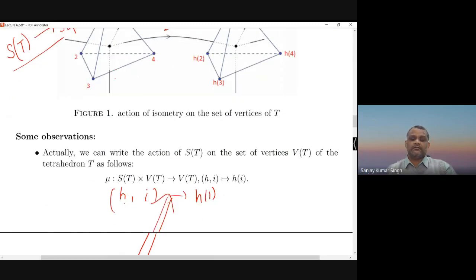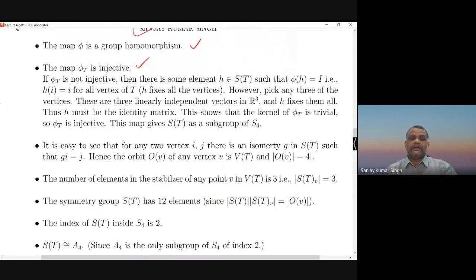So this is another proof of the fact that if an isometry sends vertices to the same vertices, it must be the identity isometry. And thus you have proved that the kernel is trivial. There is no non-trivial element in this kernel, and hence it is injective.